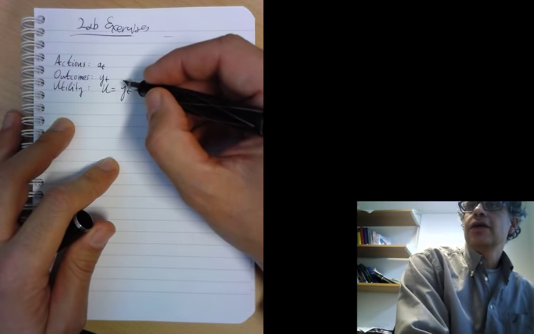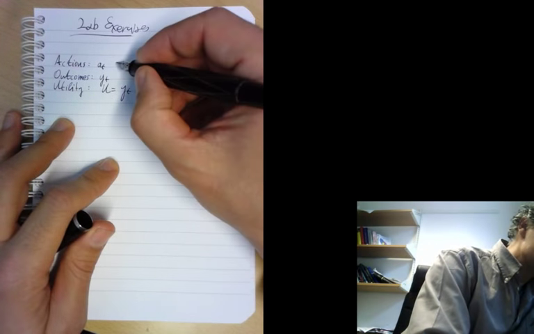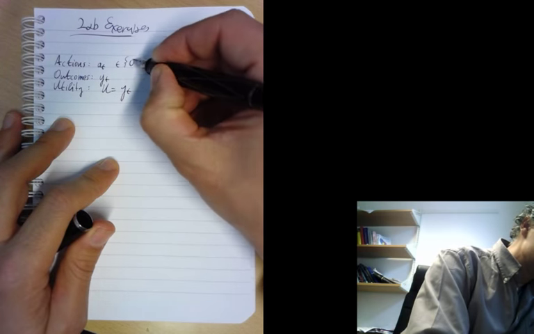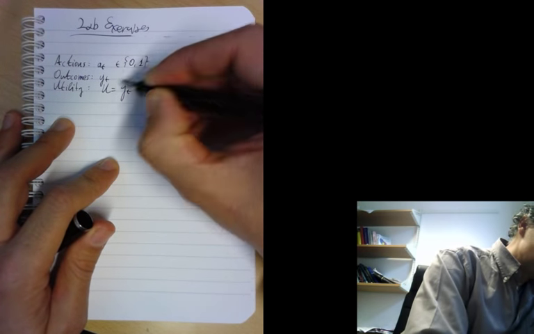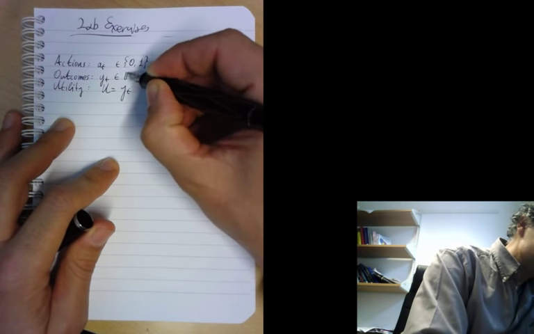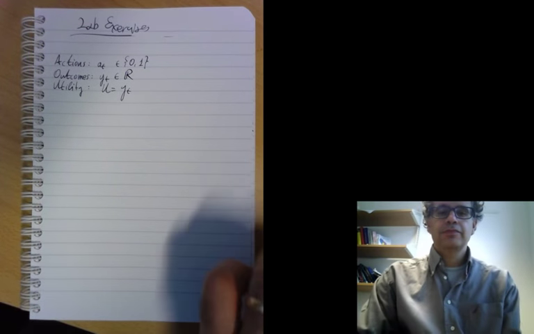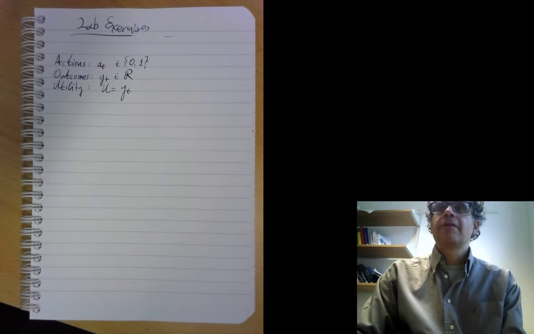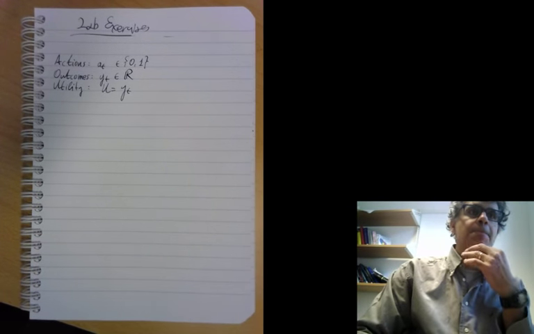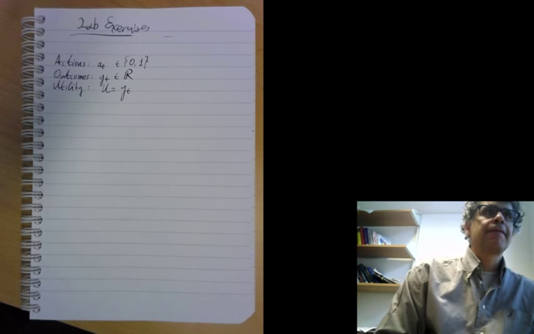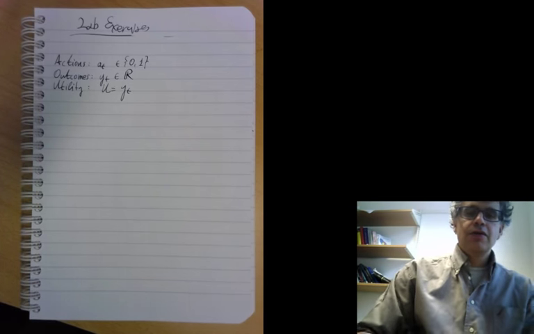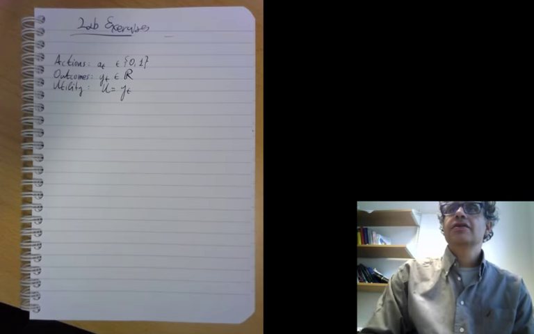I think in all of these problems the actions are binary and the outcomes are real numbers. Okay, so what does the first exercise say?